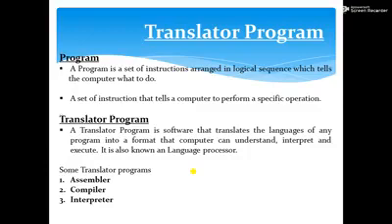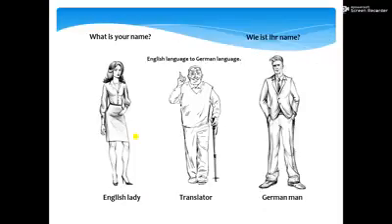With the help of an example, let's understand the working of a language processor or translator program. Suppose an English speaking lady wants to communicate with a German speaking person.